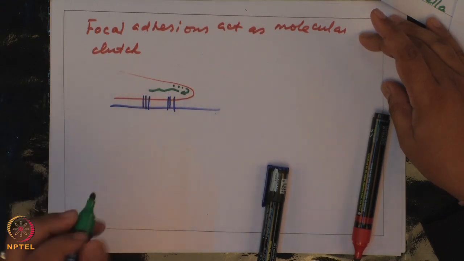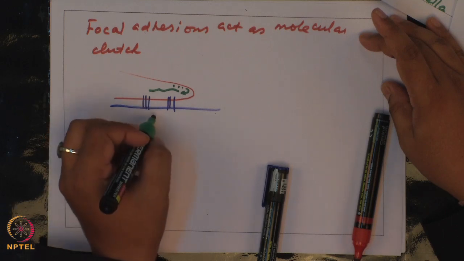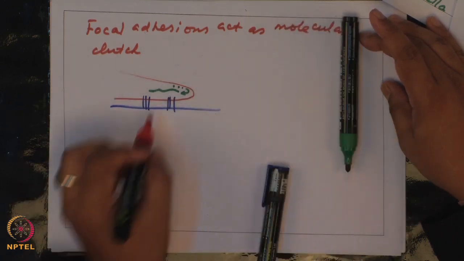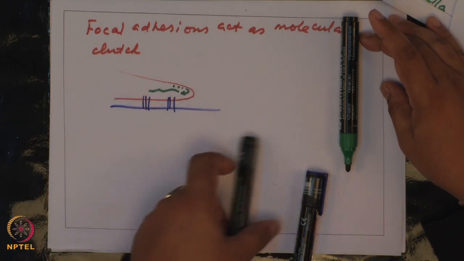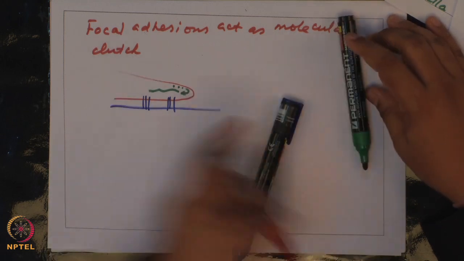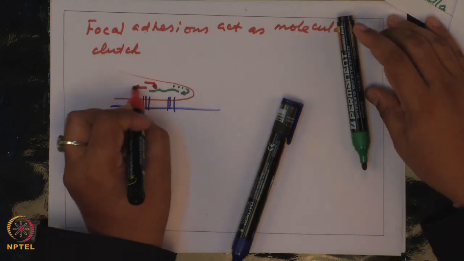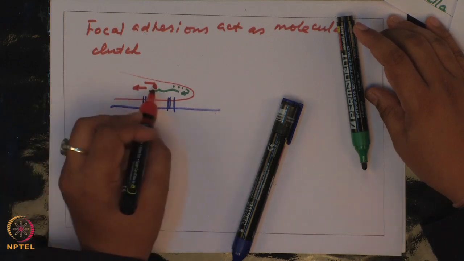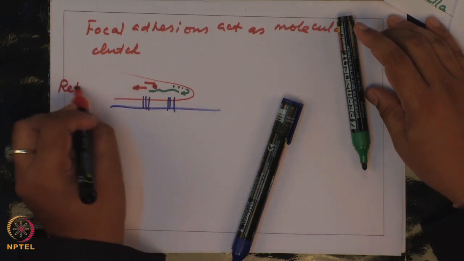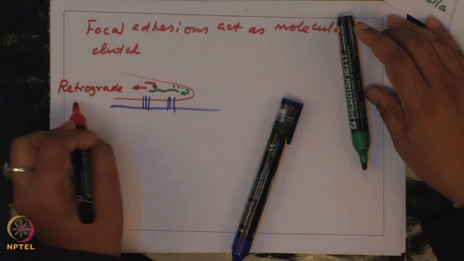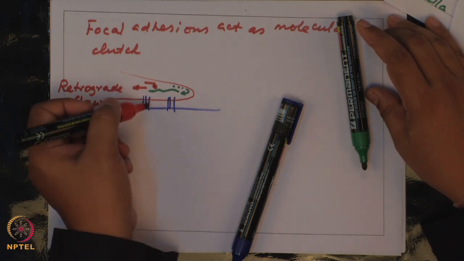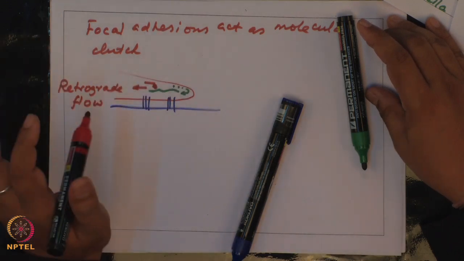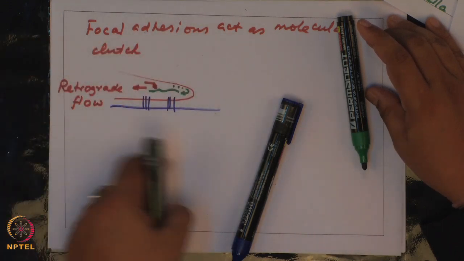In the absence of this connection, at the rear end, in this filament you have myosin which pulls on this, causing retrograde flow. So, if the actin filament is not attached to the integrin, or is in the disengaged configuration, you will not have any edge displacement, but you will only have retrograde flow.